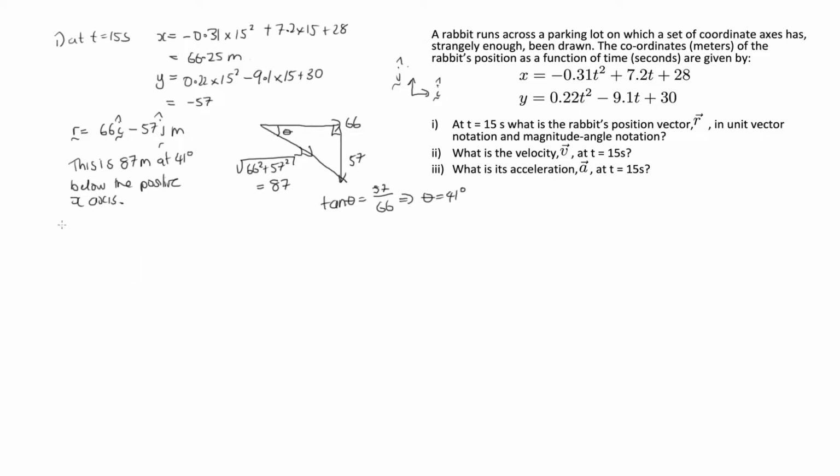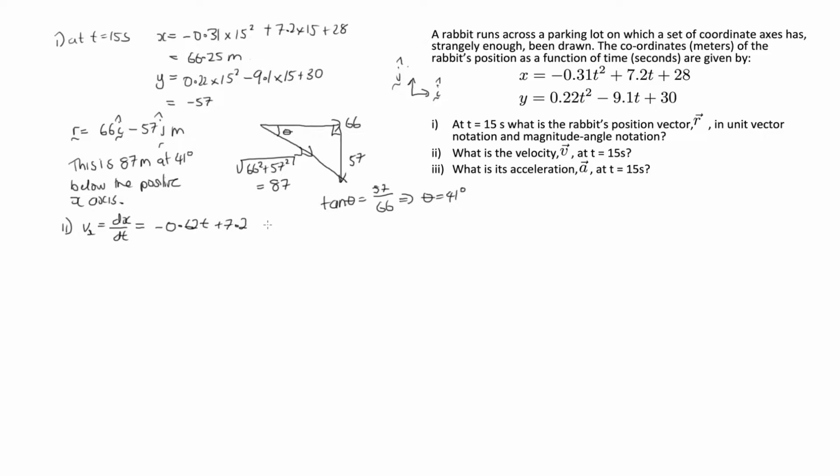Okay, part 2 then asks us what is the velocity at t equals 15 seconds. Okay, so the velocity in the x direction is dx/dt, and so we want to differentiate this. So we've got 2 times minus 0.31, so that's minus 0.62 t plus 7.2.